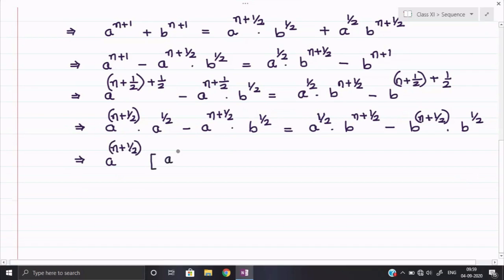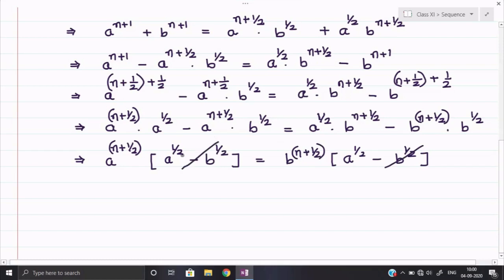So what will remain is a to the power 1/2 minus b to the power 1/2, is equal to, similarly here b to the power (n+1)/2 we can take common. So what will remain here is a to the power 1/2 minus b to the power 1/2, right? And observe, this whole bracket and this whole bracket will be cancelled directly.